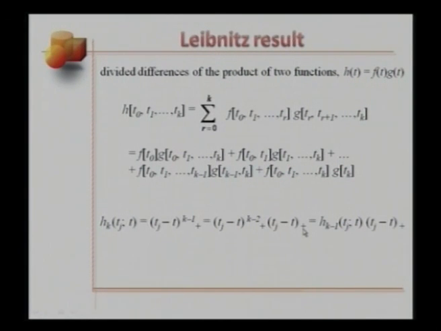So what I have done here is I have expressed h_k, which is our k minus 1 degree truncated function, as a multiplication of two functions. One is a truncated function of degree k minus 2, and the other one is a truncated function of degree 1.